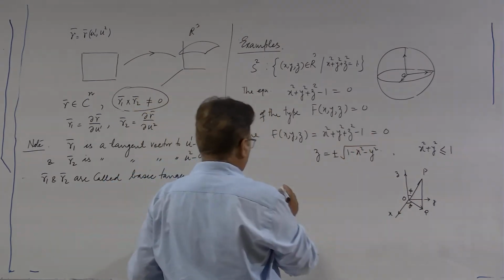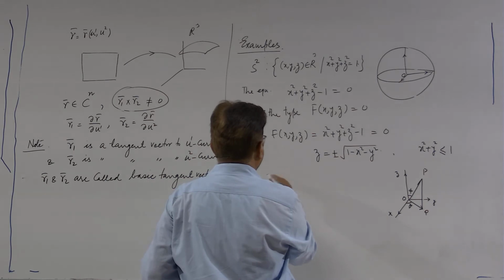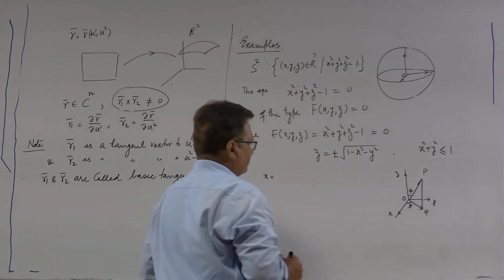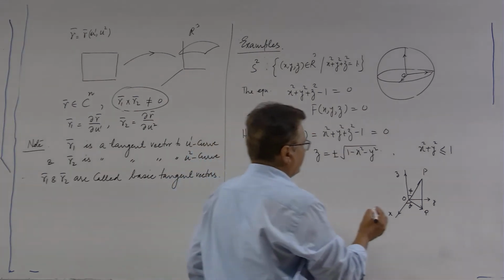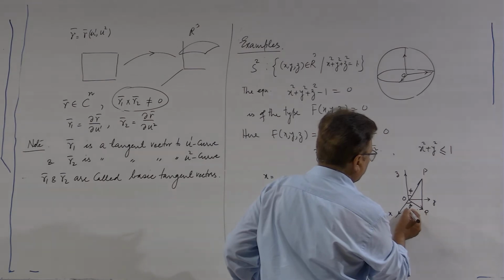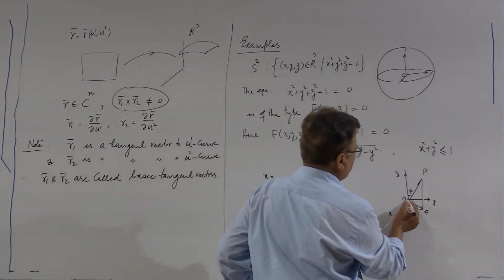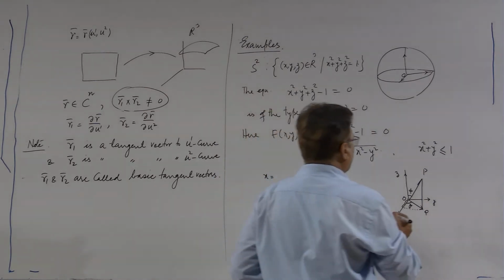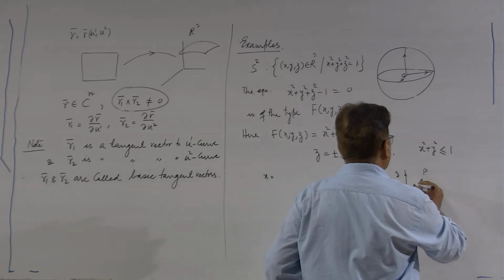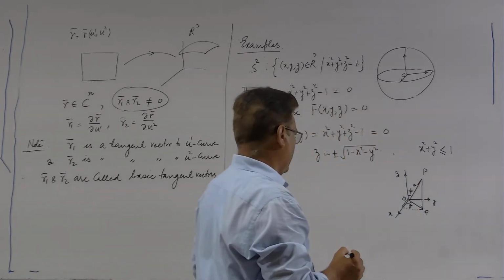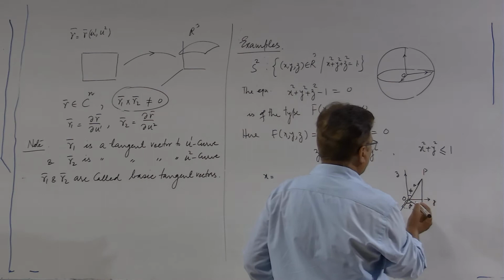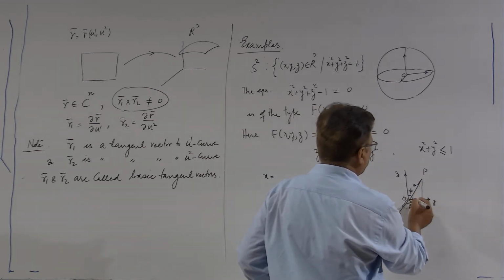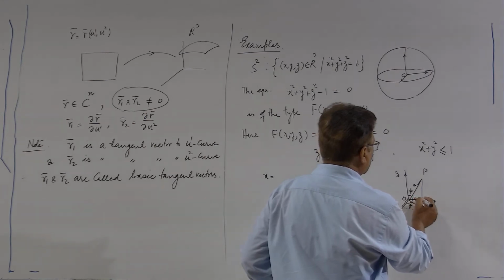So, for the position vector r, you can determine the x coordinate. What will be the x coordinate? You project it over here. If I take the length OP as a, then OQ will be OP cos(90 minus phi), pi by 2 minus phi.